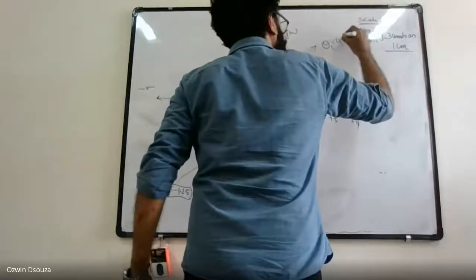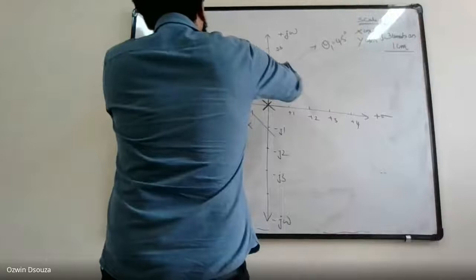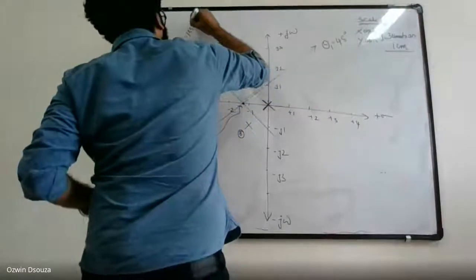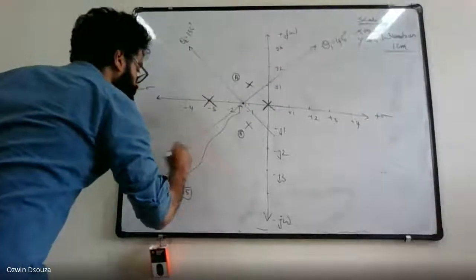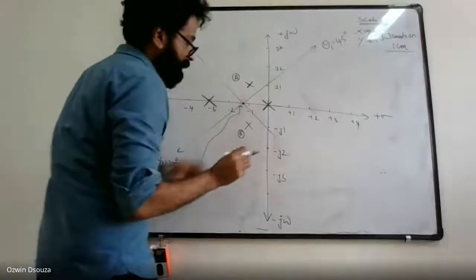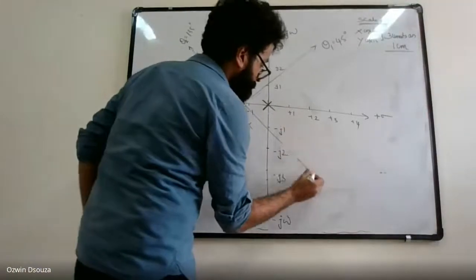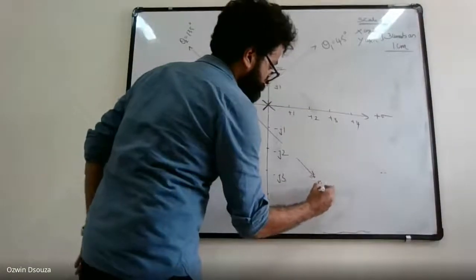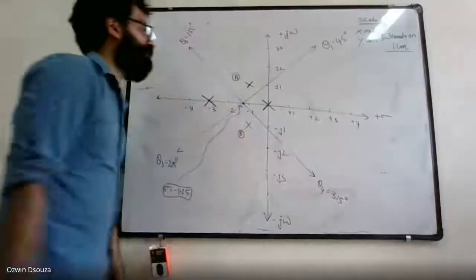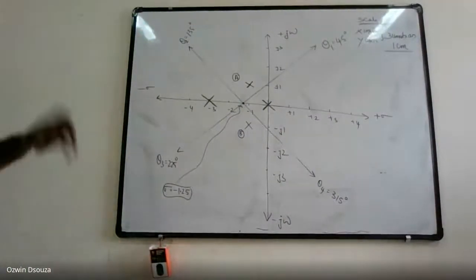Theta 1 is equal to 45 degrees. Theta 2 is equal to 135 degrees. Theta 3 is 225 degrees. And theta 4 is 315 degrees. Okay. So what we have done is we have drawn the angles of asymptotes.